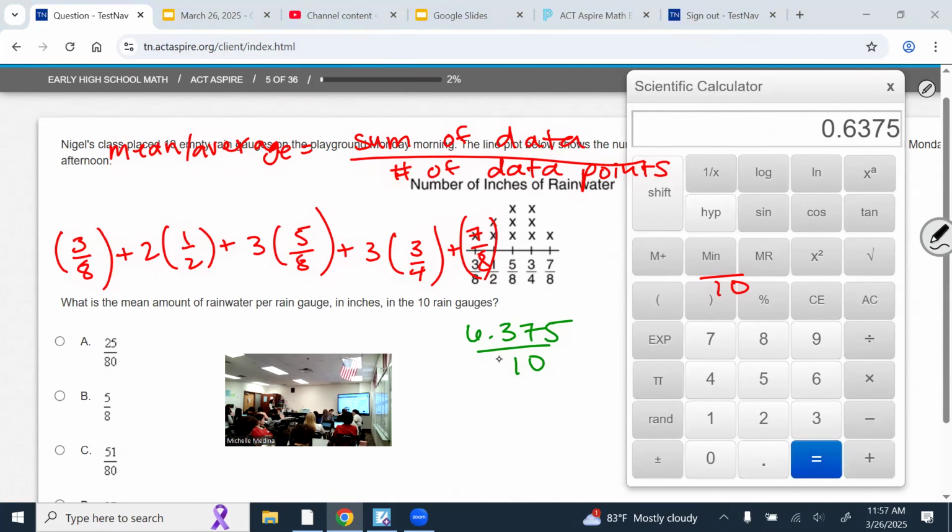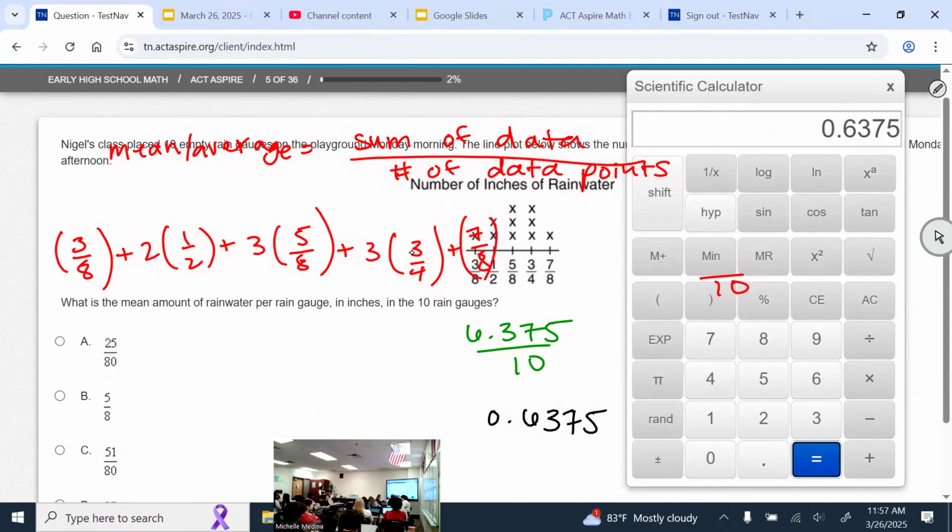My answers are in fraction form. What I'd probably have to do if I'm stuck with this calculator is see which ones, when I divide them out, give me this decimal.